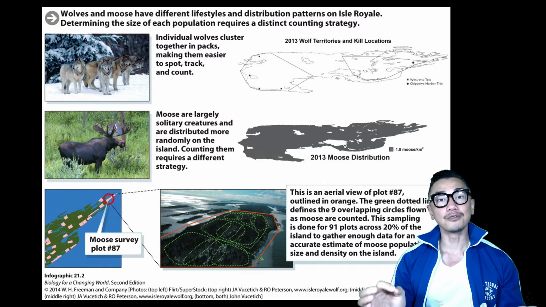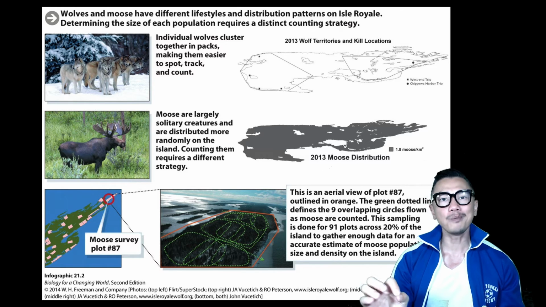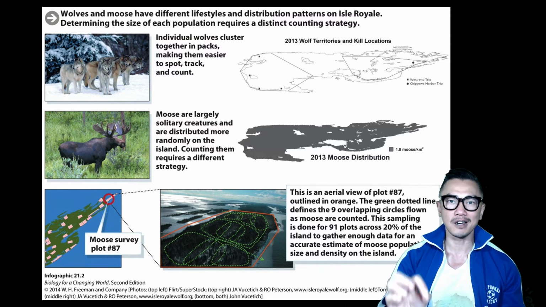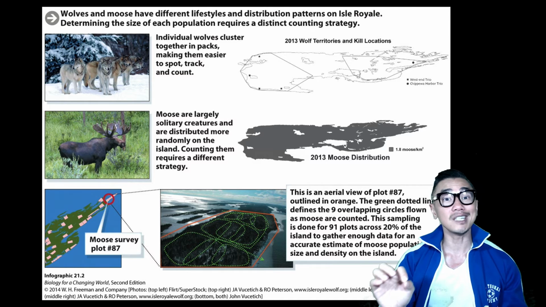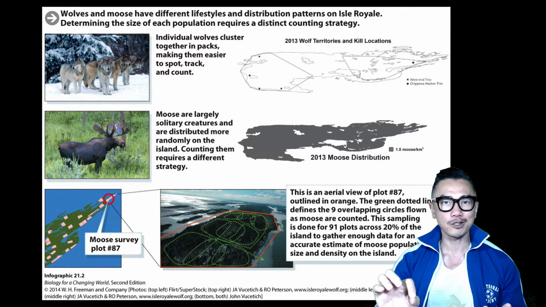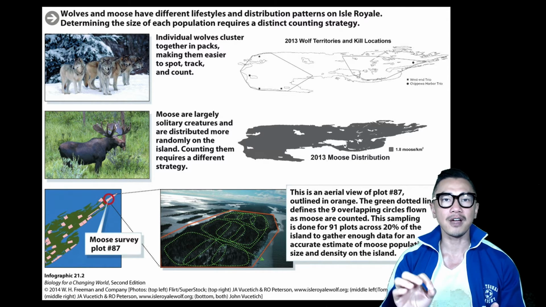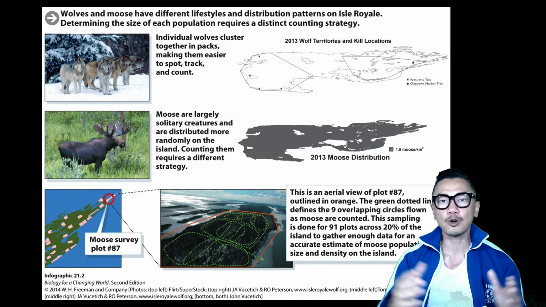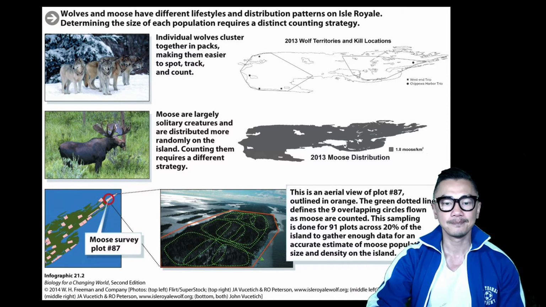Ecologists found that wolves clustered in packs, with one pack living on the western end of the island and the other pack living on the eastern end of the island. Moose were a little bit different. Moose are mostly solitary creatures, and as a result, they were found distributed randomly across the entire island.